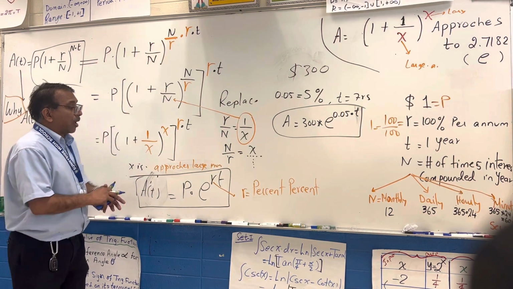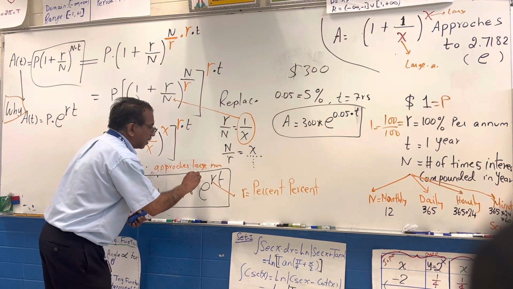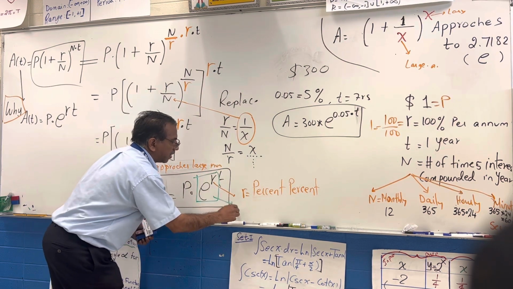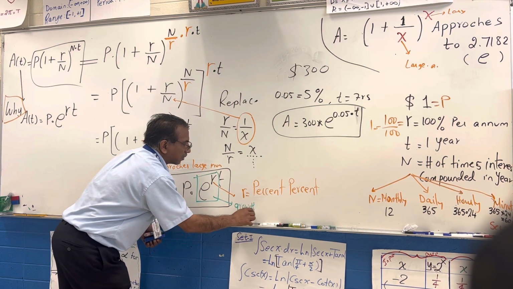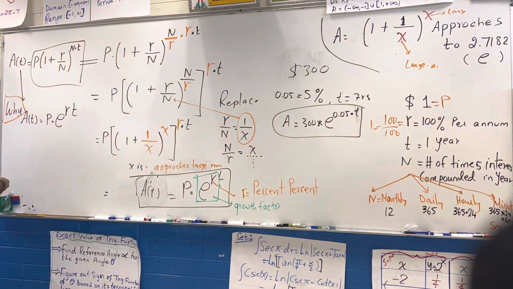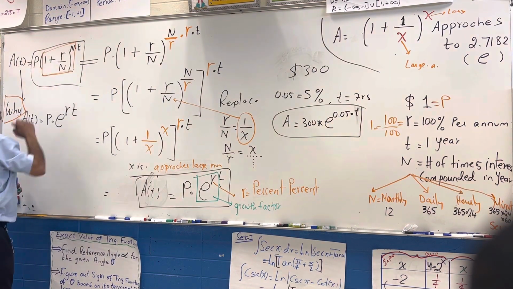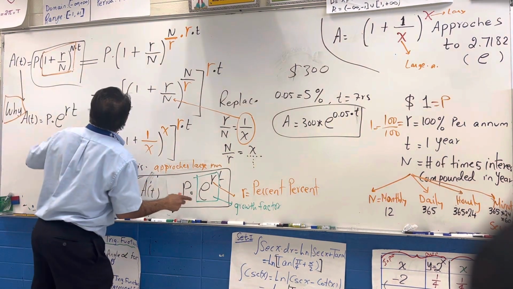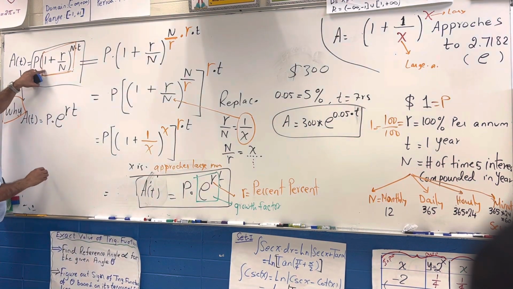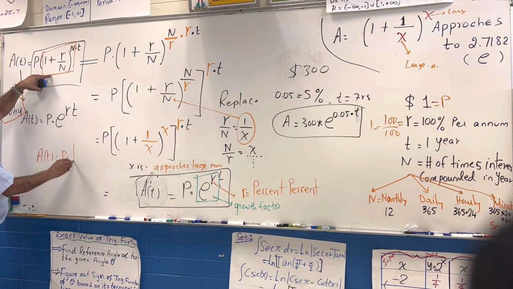One more thing you have to know is the growth factor, this green color, growth factor. In this case, the growth factor is this part, see this? And because you are doing it continuously, this part, which is actually b, so we write the exponential function A(t) is P times b raised to t.